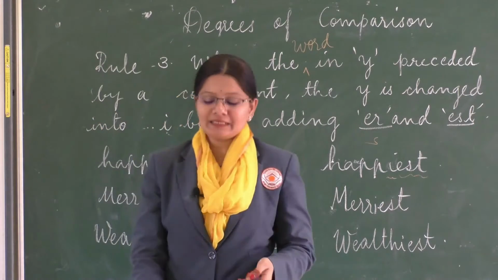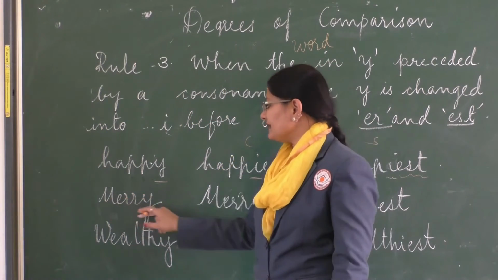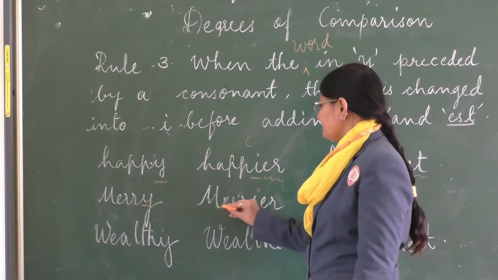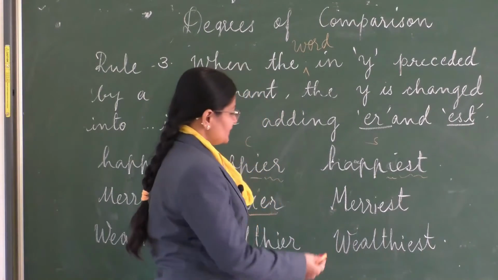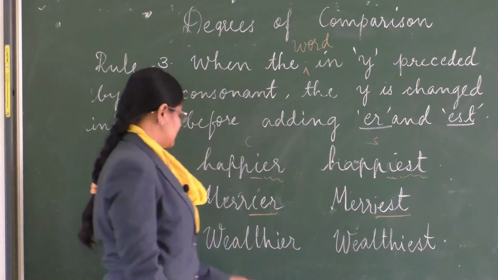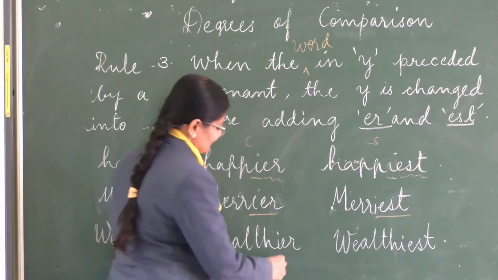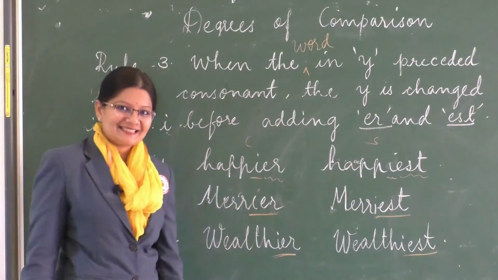So let's understand the next example here. It's merry, that's y again, and then here you see merrier, so ier, and to make it superlative degree, iest, right? Then wealthy, this is y, wealthier, ier, and then iest.